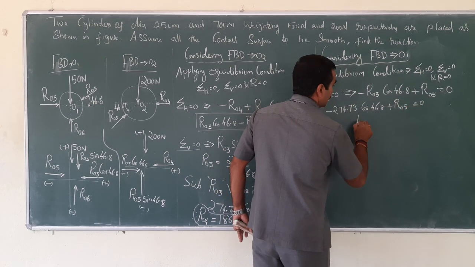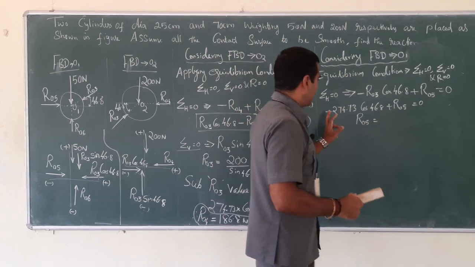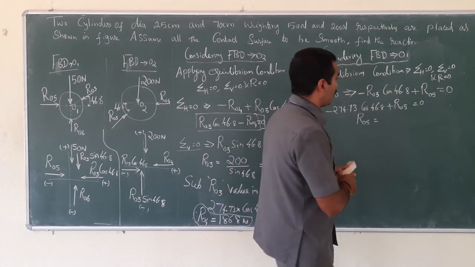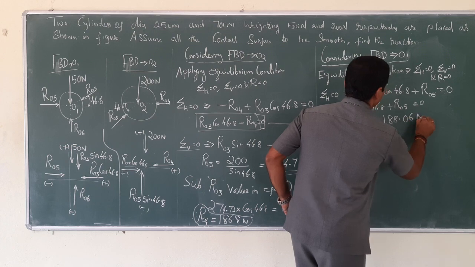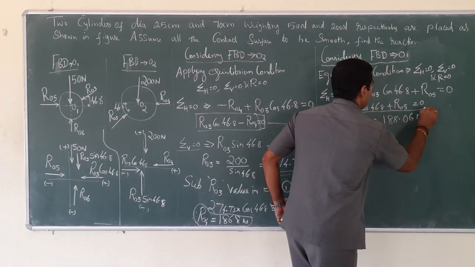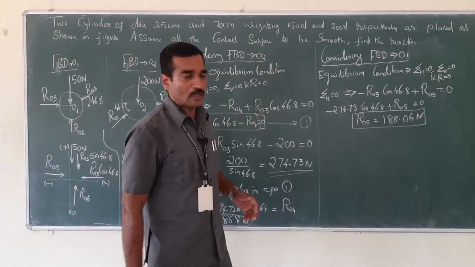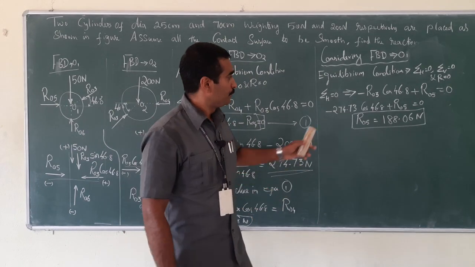If you just calculate this, bring this value to the right hand side, this negative becomes positive. So RO5 becomes 188.06 Newton.